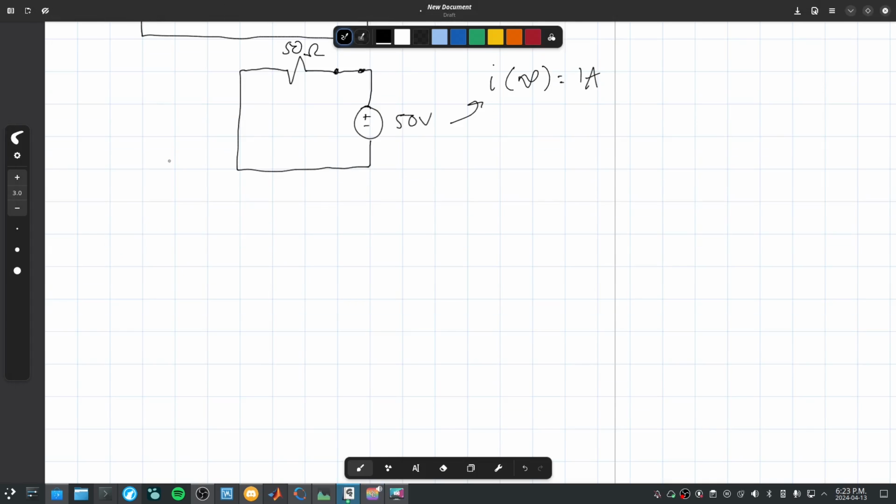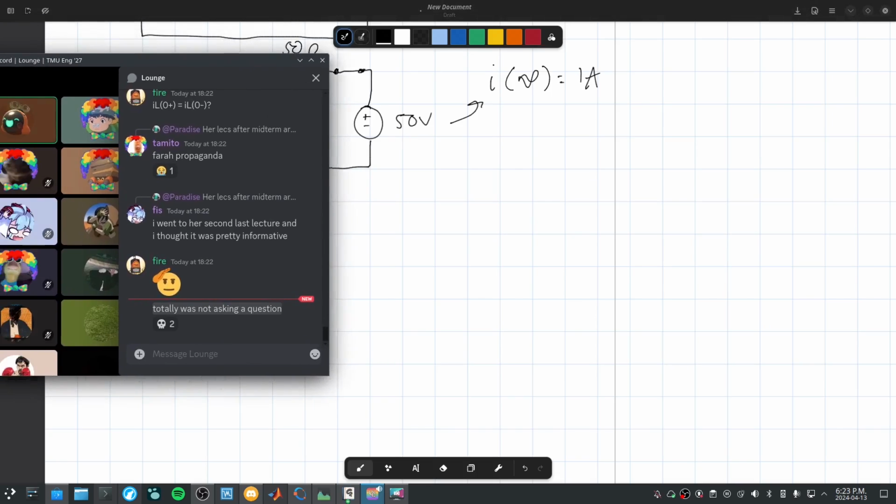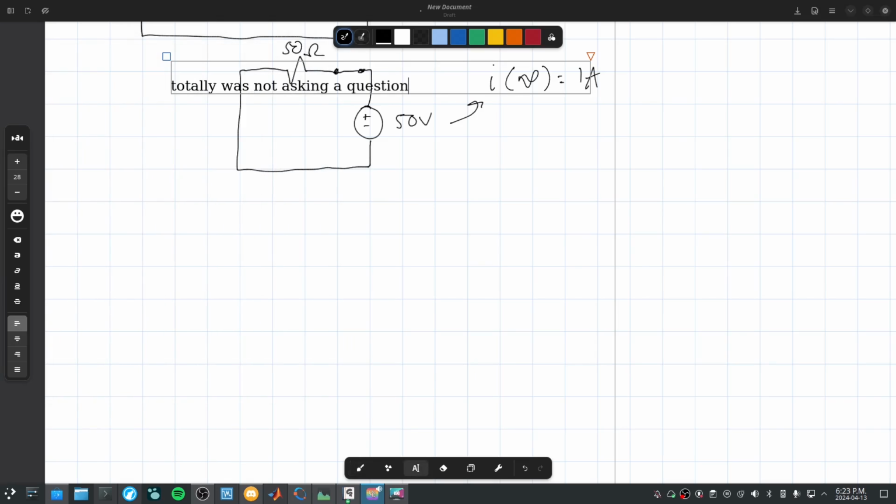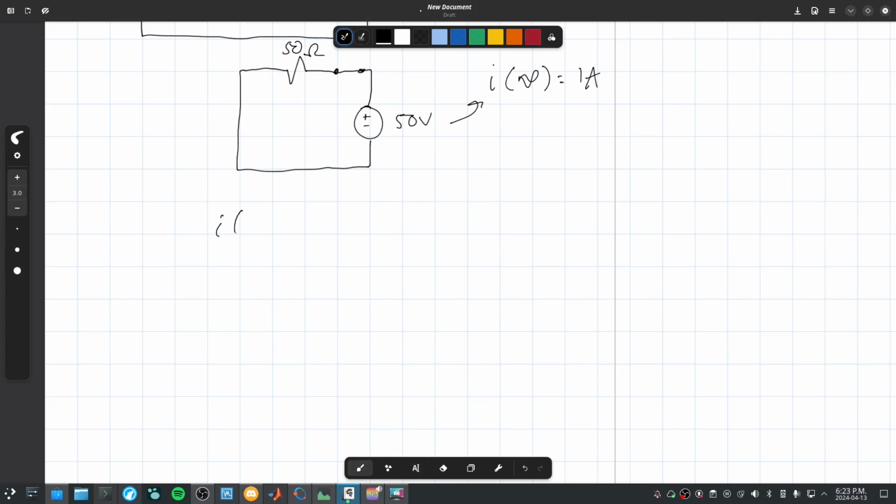Totally was not asking a question. Yeah, just context. He pointed out something and then I went off it. But yes, he was right. So to find I0, we just see how the current was looking before the situation.